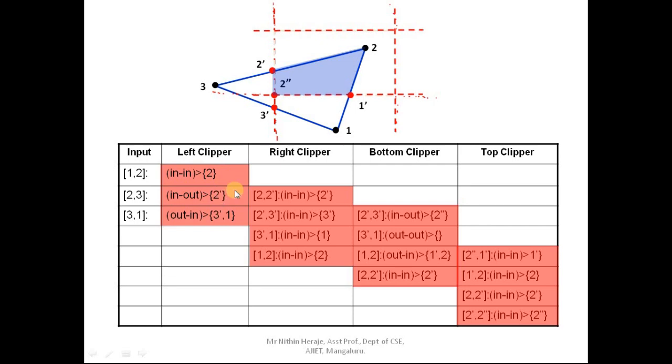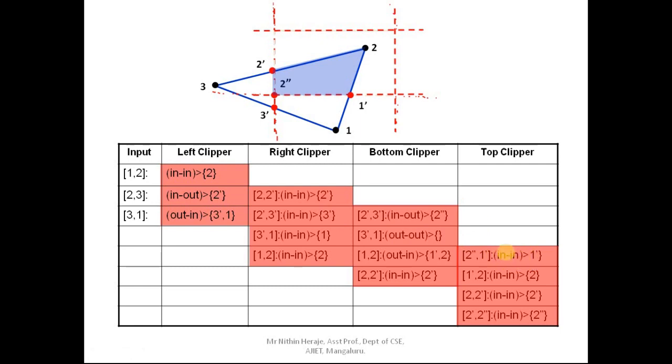So you get this end point, this end point. Simultaneously you can have this to work, and once you get these two endpoints, you can start with the next clipper. Once you get these two endpoints, you can start with the third clipper.